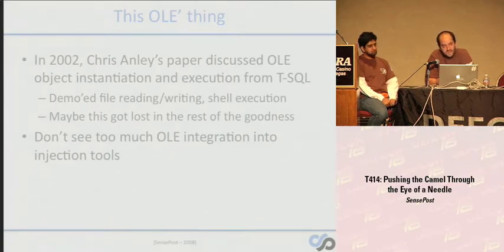So to execute commands, most injection tools will run xp_cmdshell. He figured out that actually you can use the OLE Windows shell scripting, I think it is, object. However, you don't see too much in terms of early integration into current injection tools. And we wanted to explore this a little bit to see how far we could push it.